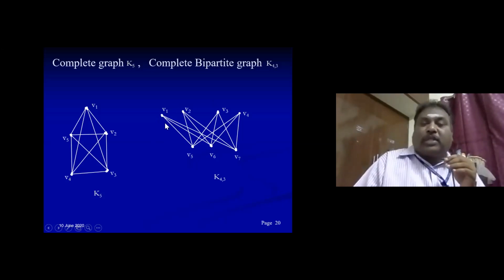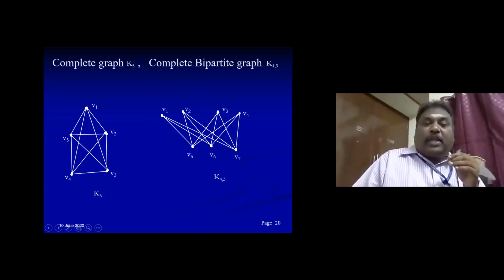So V1 is connected to all vertices V5, V6, V7. V2 is connected to all vertices V5, V6, V7, and so on. So no 2 vertices on the same side are connected by an edge here. There is a path joining V5, V6, and V7, but there is no edge directly. Similarly, I have 2 components, U and V. There are 4 vertices and 3 vertices; completeness is there, bipartition is there, a partition into 2 parts, 7 vertices, totally 4 plus 3. So the notation is K4,3.